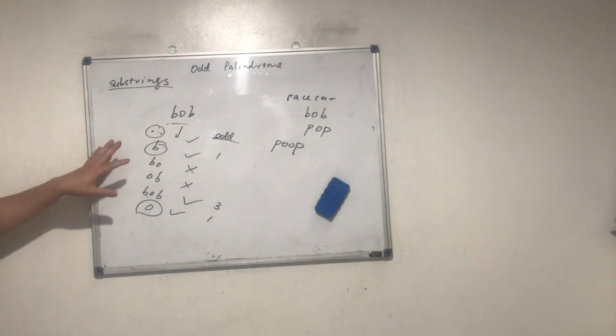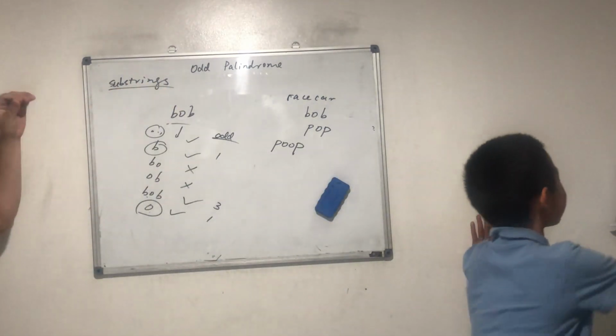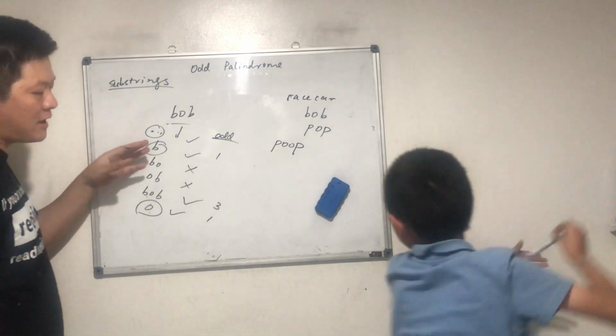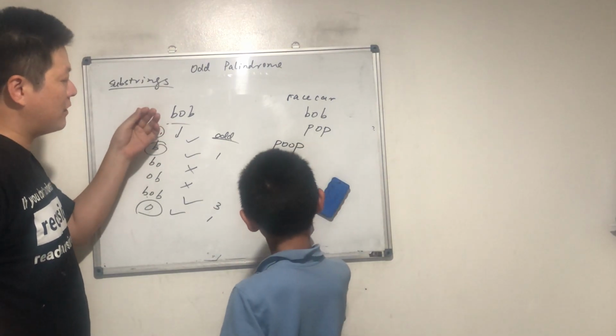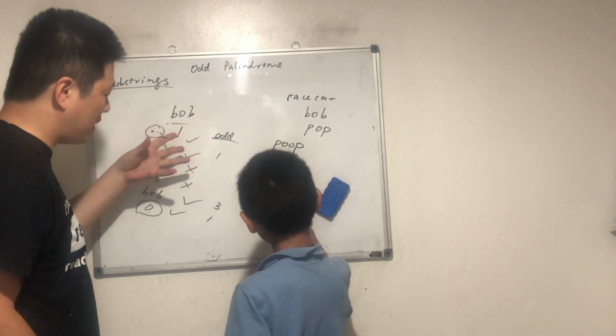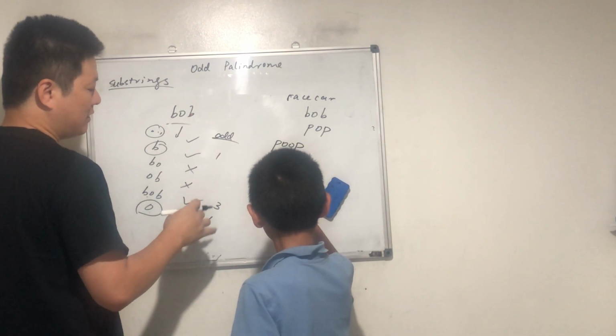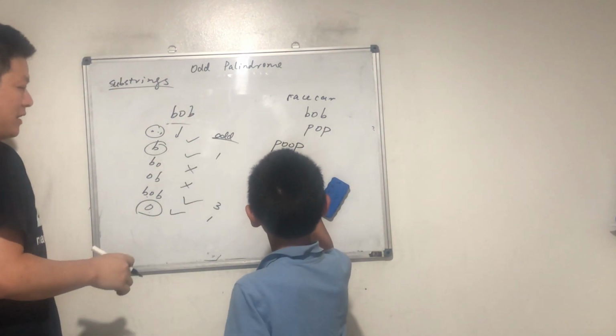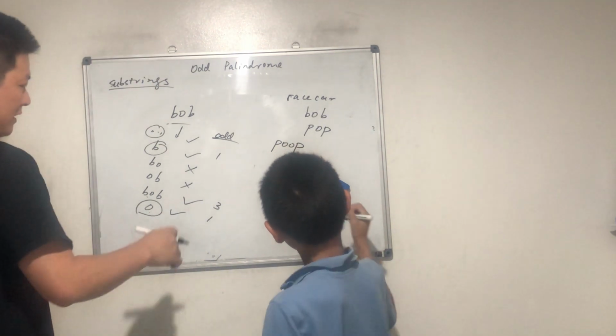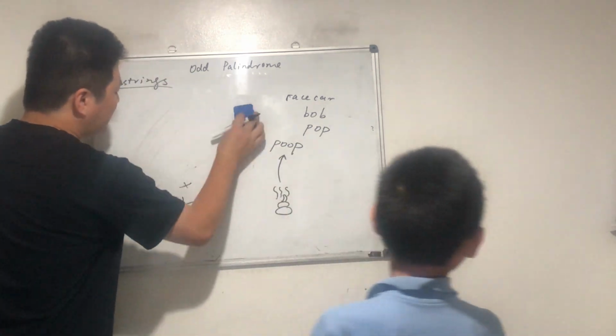Okay, so you understand. Given a string, our task is to check if all palindrome substrings are odd size. Do I make myself clear?